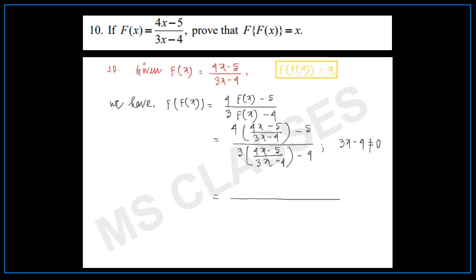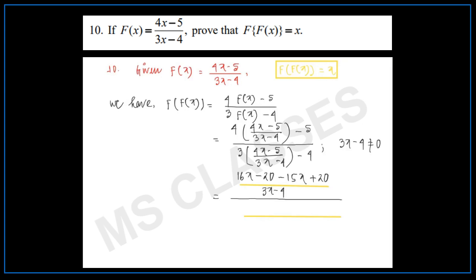Now we take 3x minus 4 as LCM in the numerator as well as in the denominator. So 3x minus 4 is taken as the LCM. So this is 16x minus 20 minus 15x plus 20.